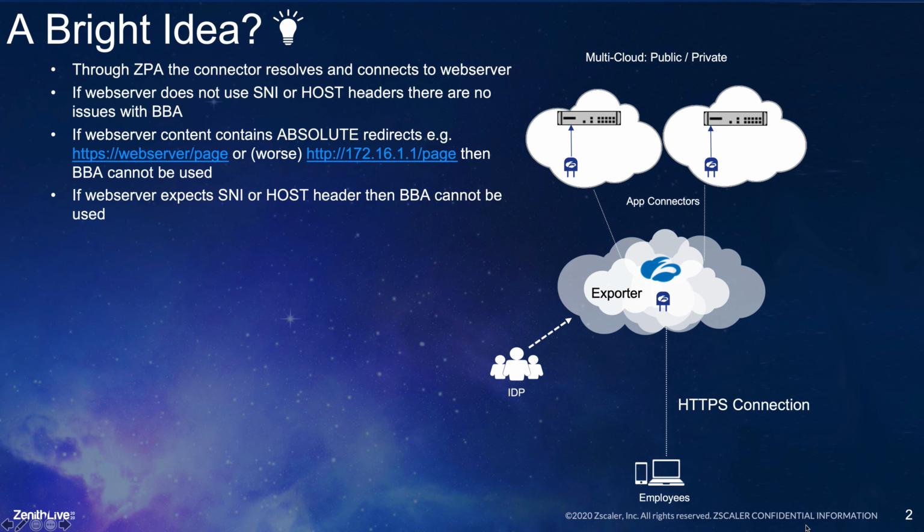However, if the web server content contains an absolute URL or a redirect or embedded content, for example, it redirects to an HTTPS web server or page that's not fully qualified, or even worse, to an IP address, or it's expecting these host headers, then browser-based access, I wouldn't say it can't be used, but it will produce errors.